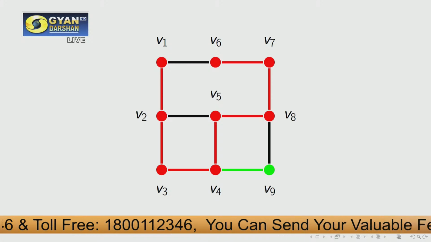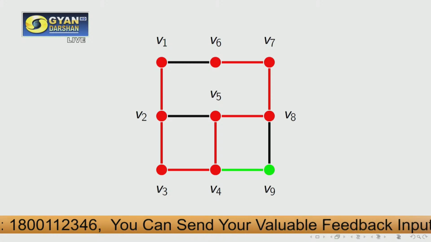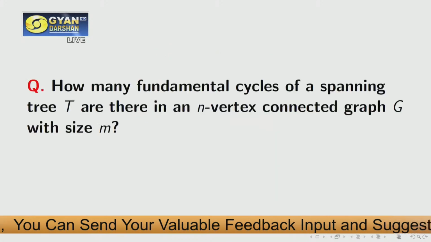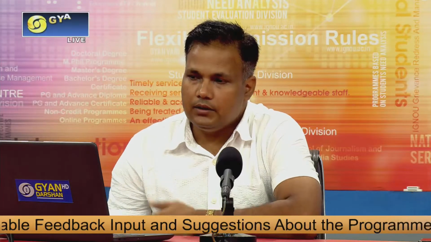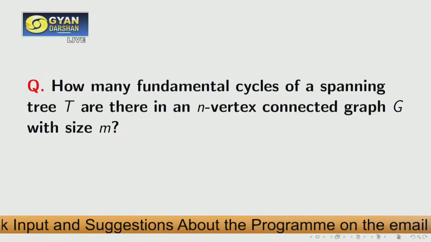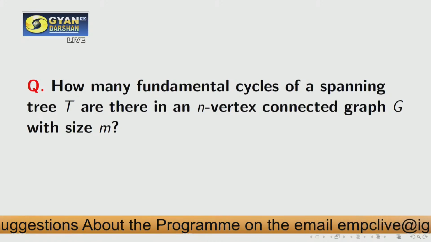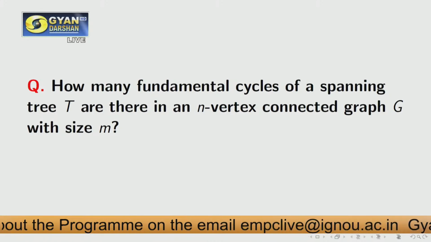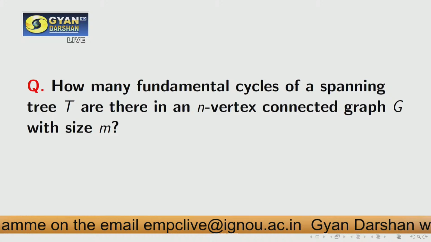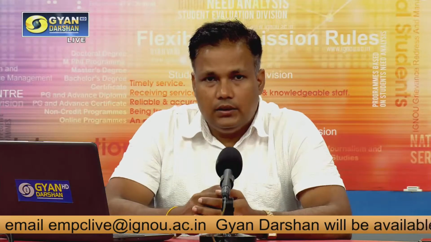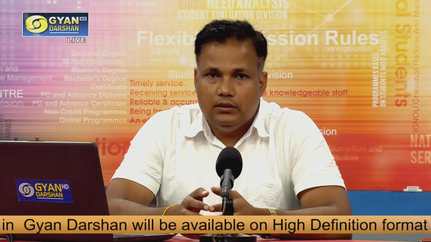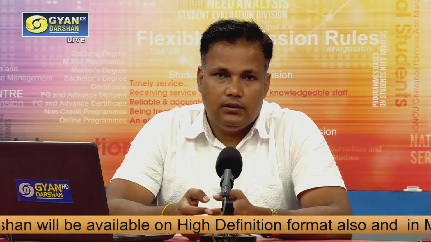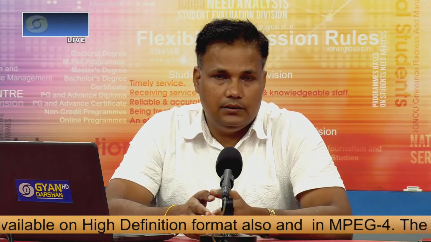So this raises a very interesting question. You may like to answer this question: how many fundamental cycles of a spanning tree T are there in an n vertex connected graph G with size m? One thing that you need to know is that since T is a spanning tree, T has n vertices, and hence n minus 1 edges.